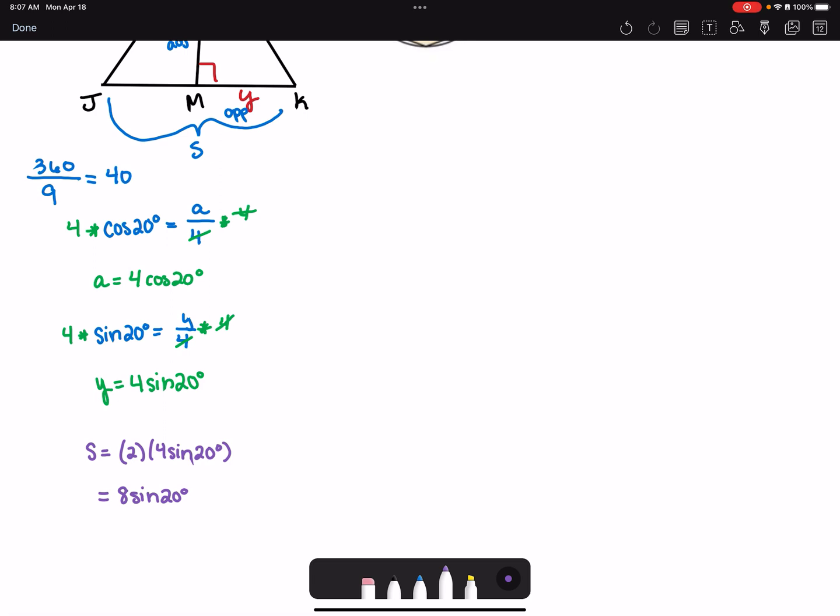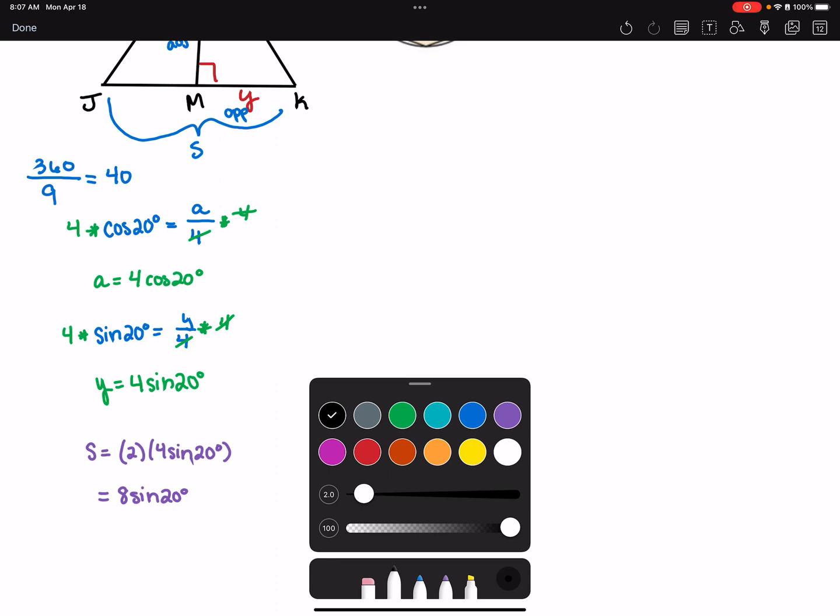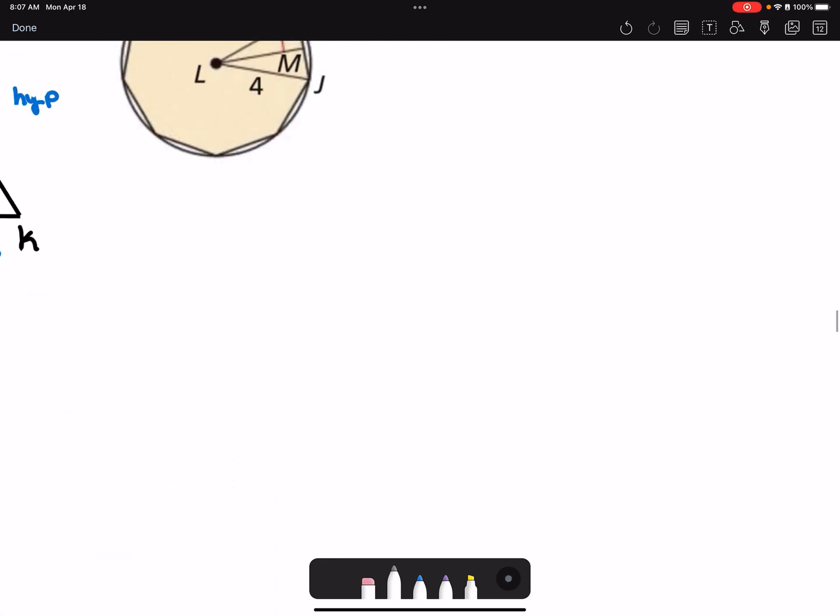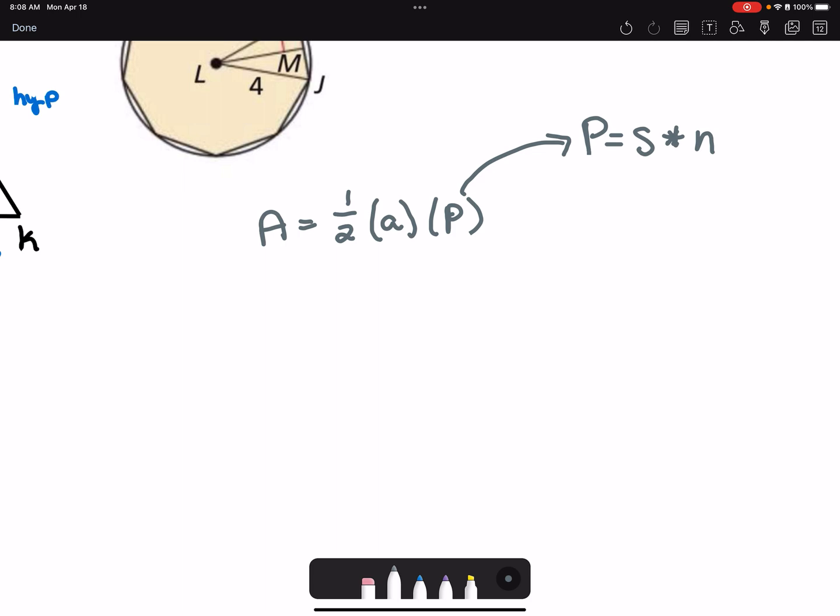So now I'm going to plug everything into my area formula. My area formula says that I'm 1/2 times the apothem times the perimeter. My perimeter is going to equal side length times the number of sides.